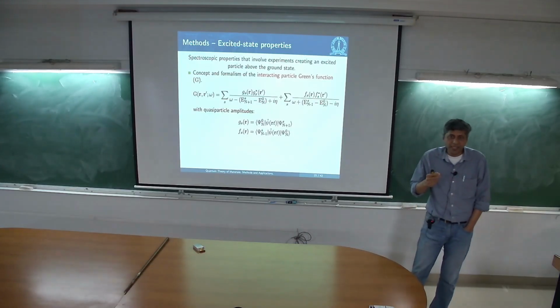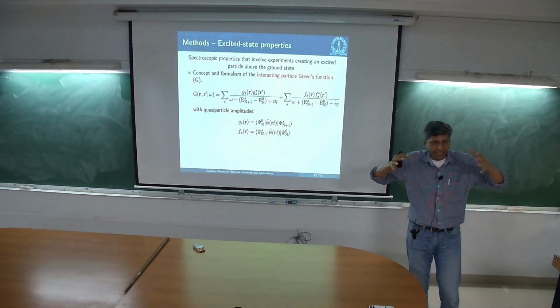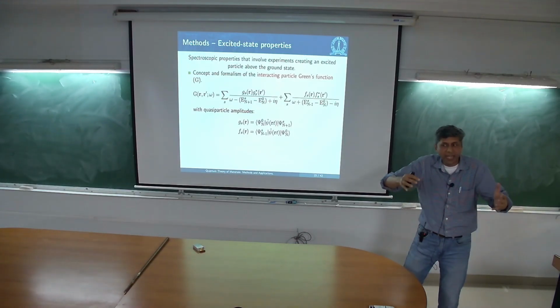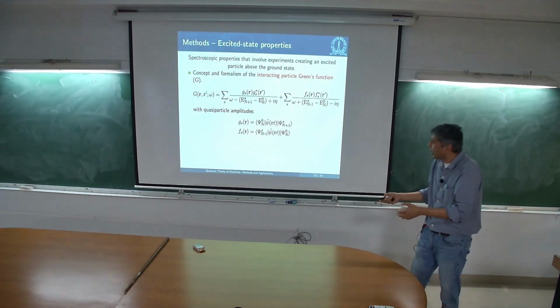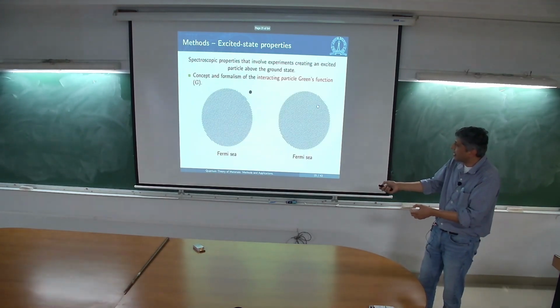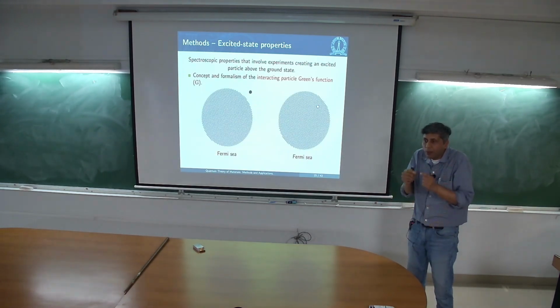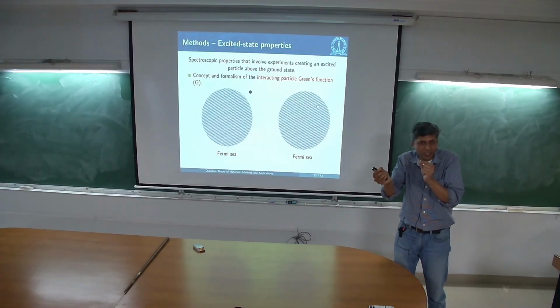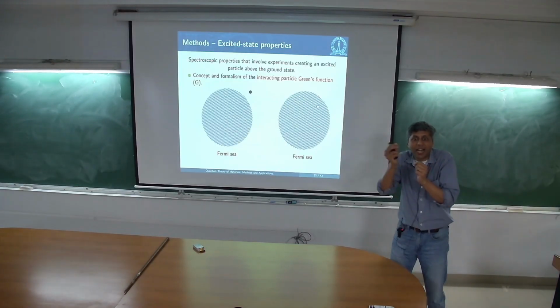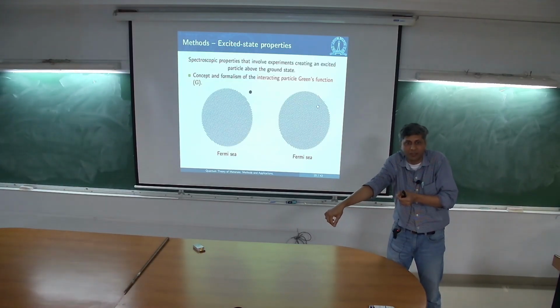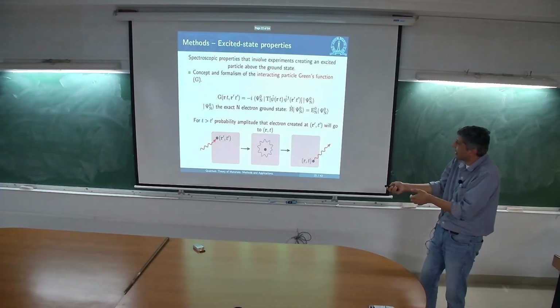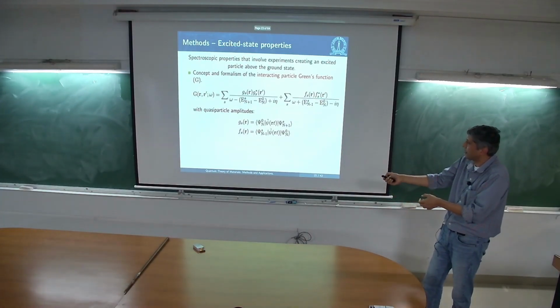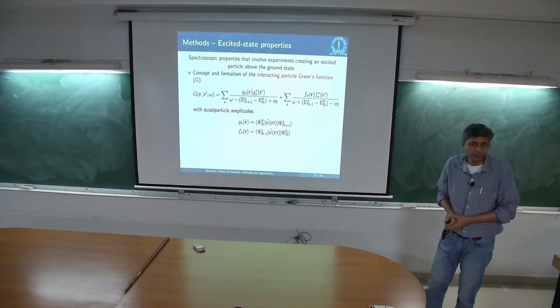This energy difference is the energy difference between a system containing n particles and n plus 1 particles. So when I started by saying I added a particle and I want to find out the quasi-particle energy, how much energy I need to add this particle, this is exactly that energy.